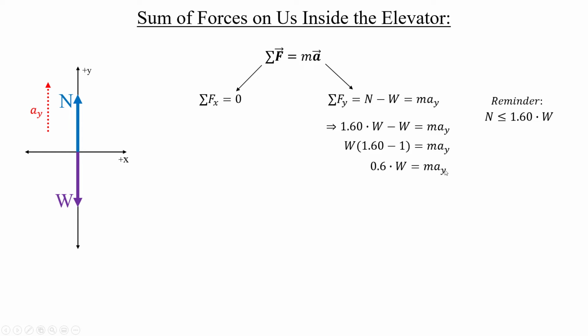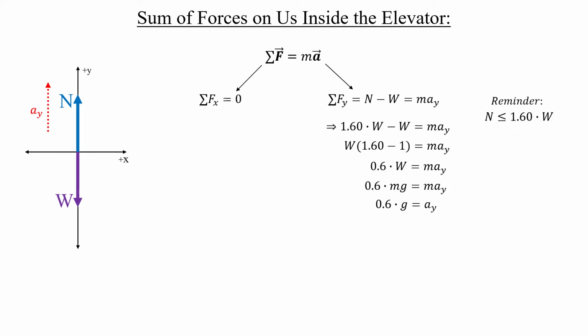Let's rewrite our weight as mg, because there's a factor of mass on both sides that we can eliminate. And this tells us the acceleration that we are experiencing inside the elevator as a result of the limitation of the elevator's design: we experience 0.6 times the acceleration due to gravity.